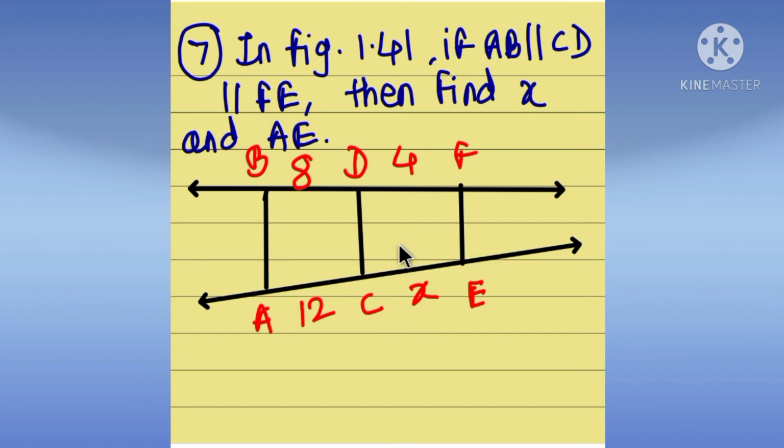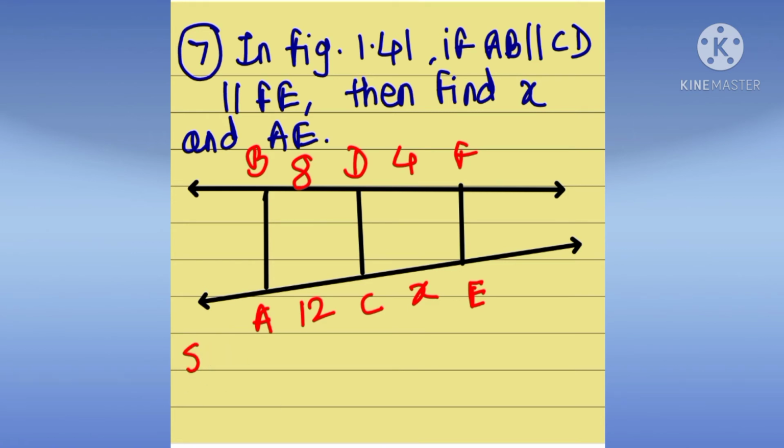This is an application of the basic proportionality theorem, and with the help of the property of 3 parallel lines and their transversals, we can find the value of CE easily, because the given situation has 3 parallel lines and 2 transversals. So let's start the solution.